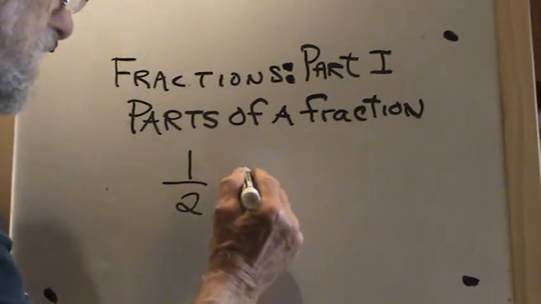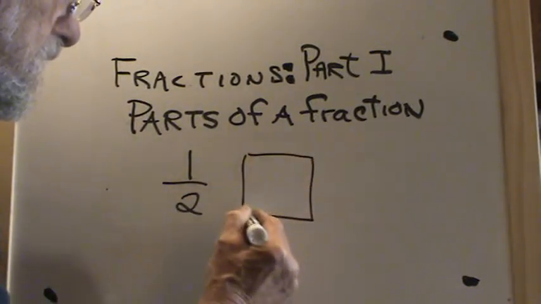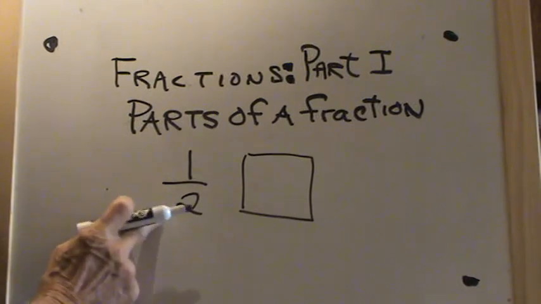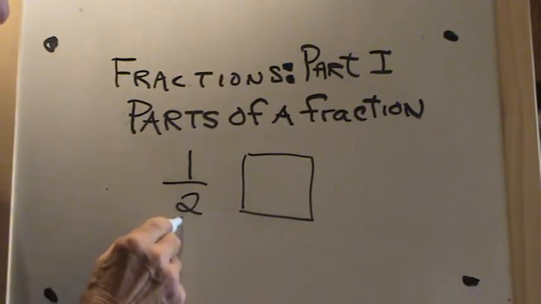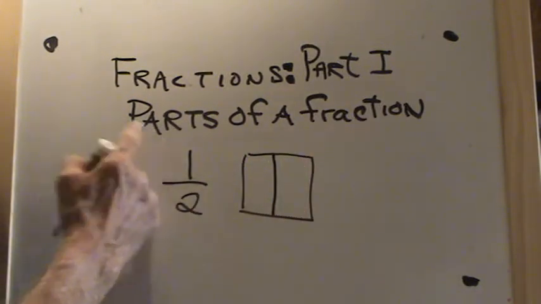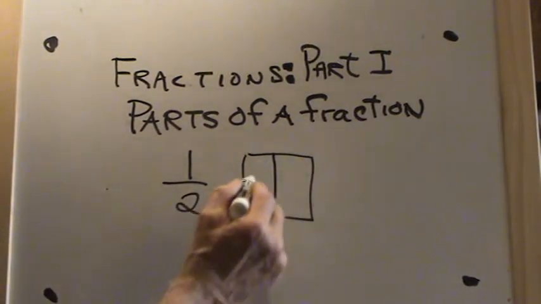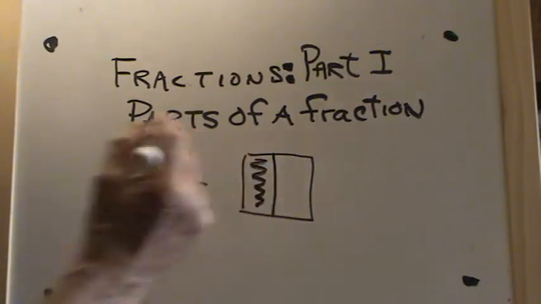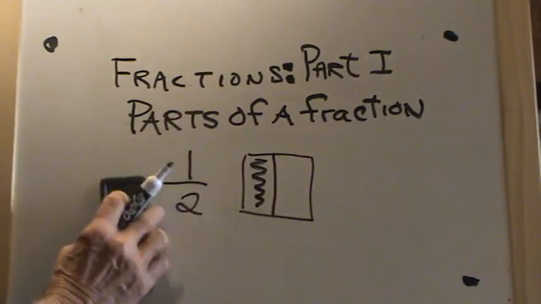Well, okay. The bottom part, the denominator, tells us there's 2 pieces in the whole. So we make 2 pieces. Top part tells us we're interested in only one of those pieces. So that's 1/2. Good.